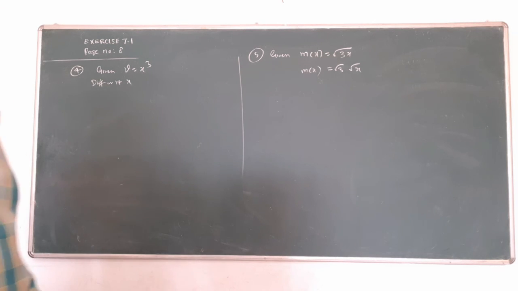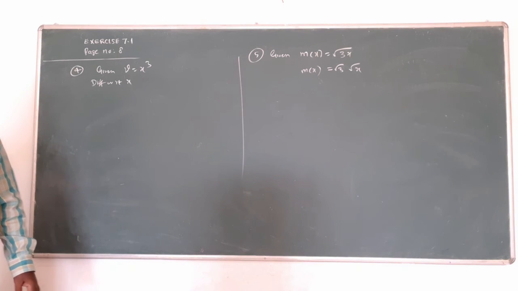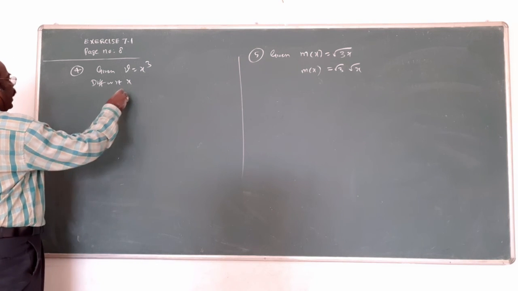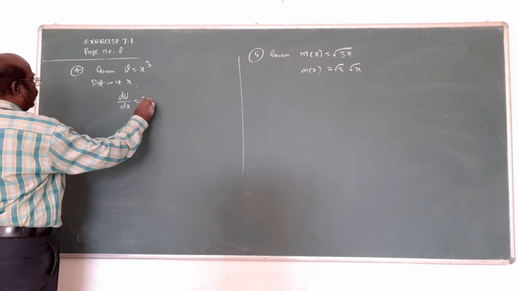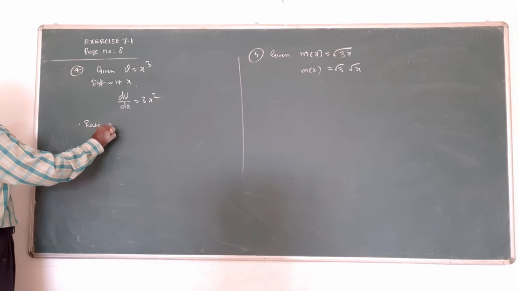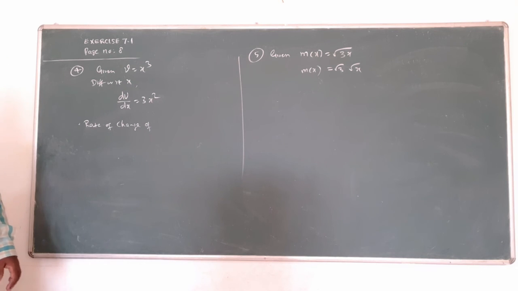Listen here. Fourth question. Given V equal to x cube. What is asked? Find the rate of change of the volume with respect to x when x equal to 5. Therefore, differentiate with respect to x. dV by dx is equal to 3x square.